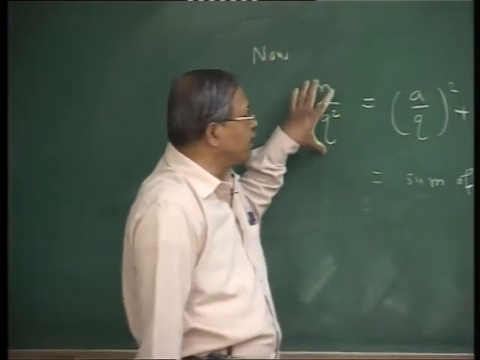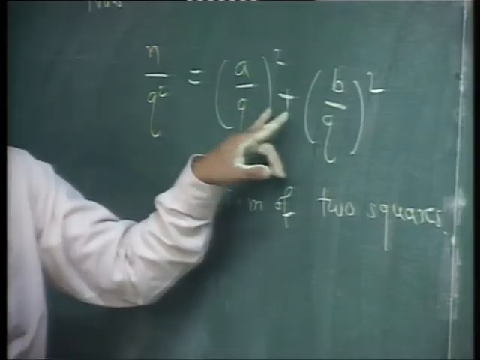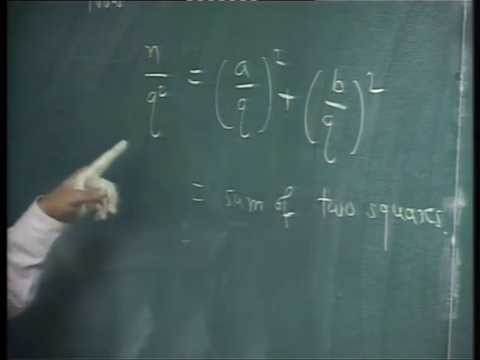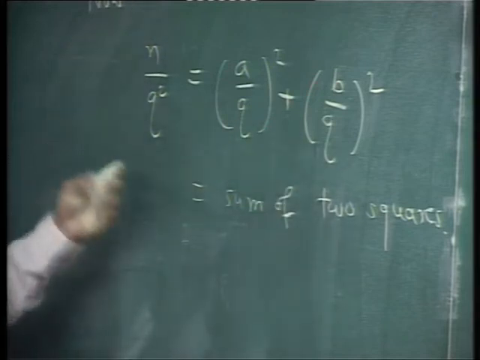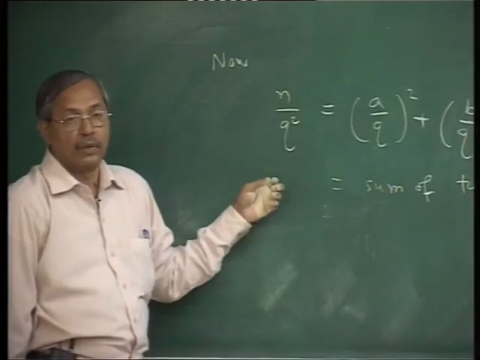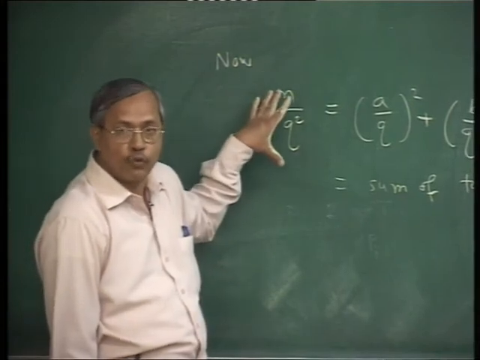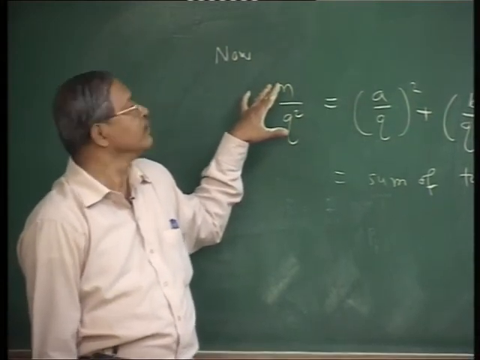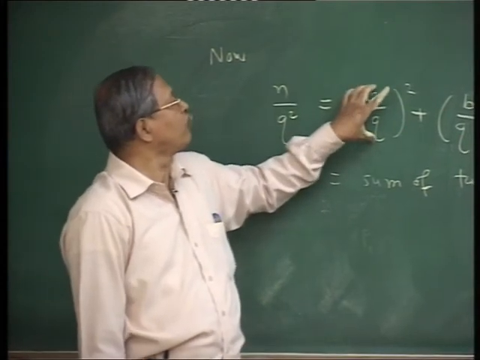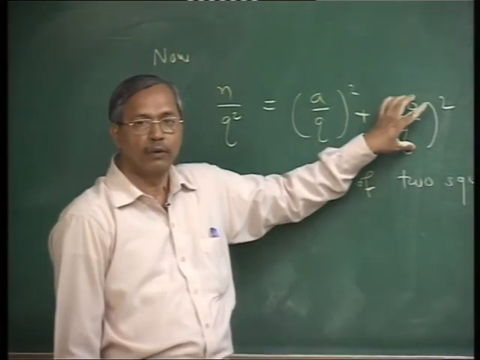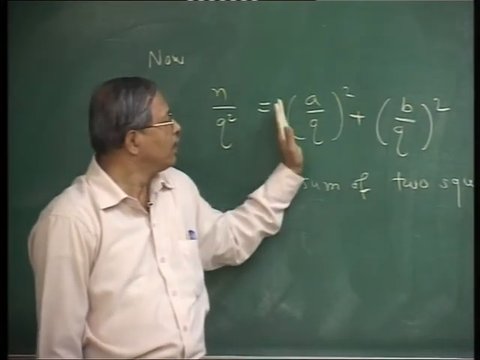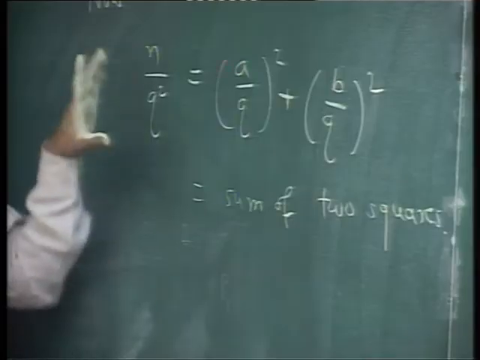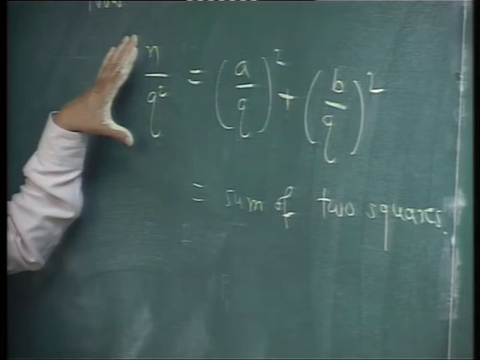We don't know whether q divides n by q square or not, but if n by q square is divisible by q, again what should happen? a by q should be divisible by q, b by q should be divisible by q, therefore again the right hand side is divisible by q square, so this number is divisible by q square.